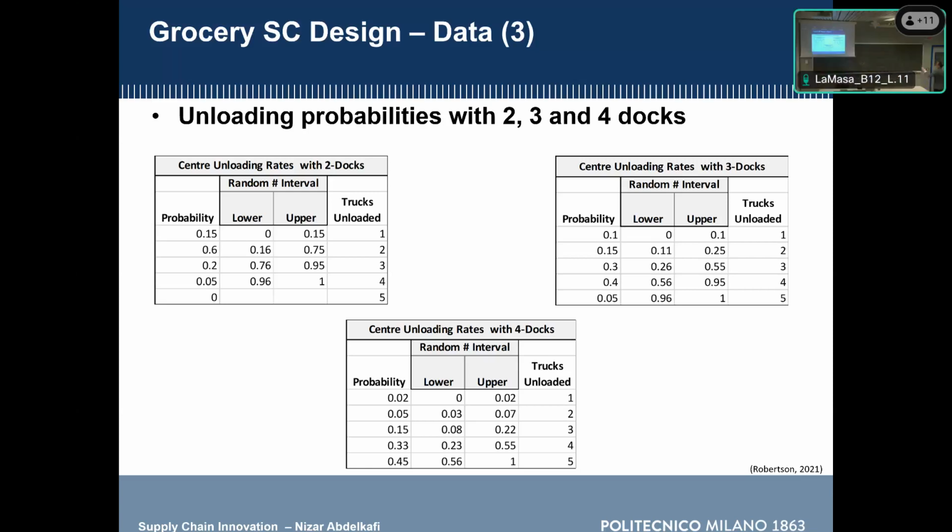Okay, so these are the numbers. So we need them. So this is the probability distribution of unloading capacities depending on the number of docks. So far, so good?